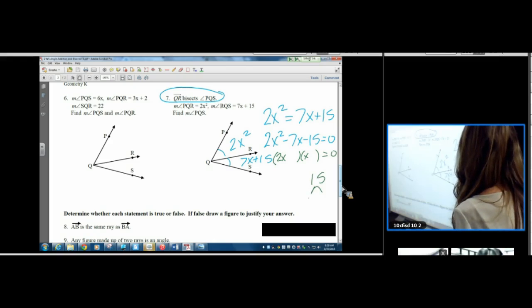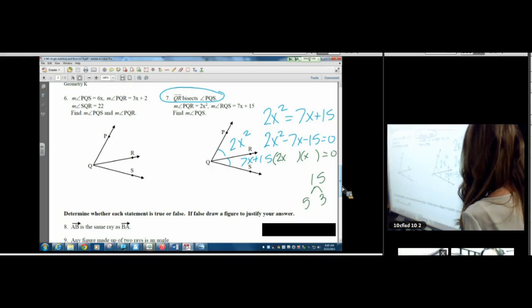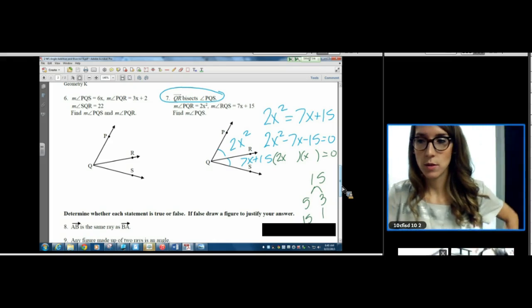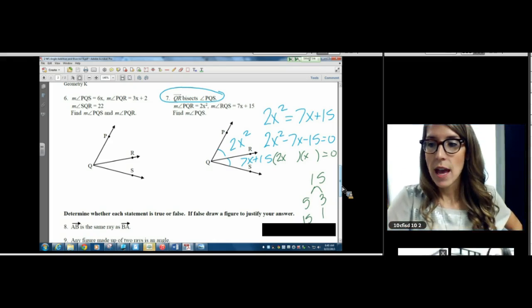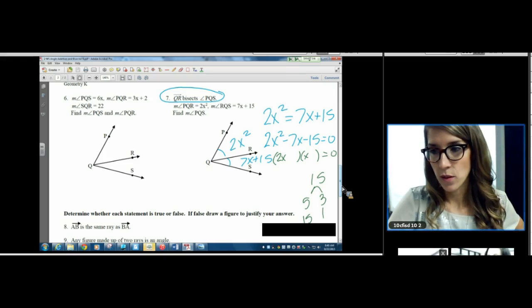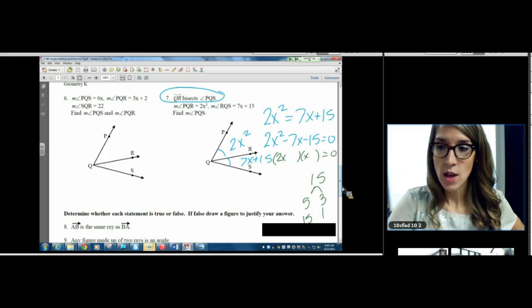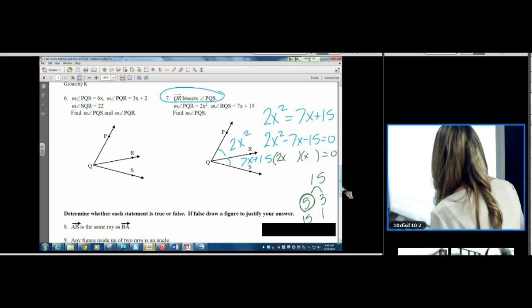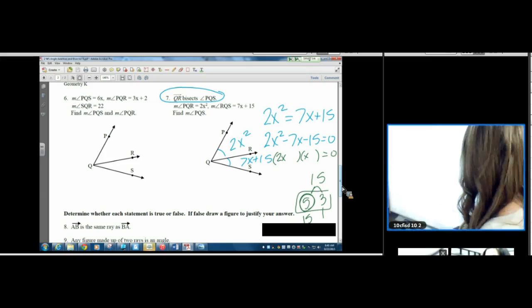So we go to the side. 5 and 3, 15 and 1. Now we get to double one of those, and we need to make a 7 out of it. So let's play around with that. Okay, if I double 5, I get 10. Could I make a 7 out of a 10 and a 3? Ding, ding, ding. So the 5 is the one that gets doubled, and this is the pair that wins.